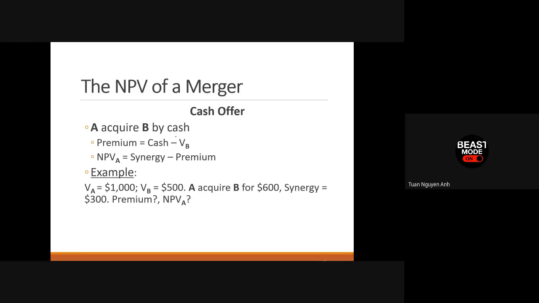When A acquires B by cash, the premium is the benefit that goes to the shareholders of B. It is equal to the amount of cash minus the value of B. So if the value of your company is 10 million, and they offer to pay you 12 million, you will have a profit, or benefit, of 2 million.